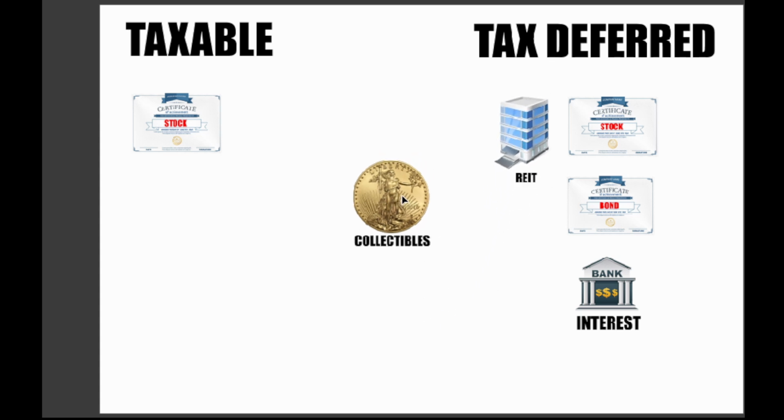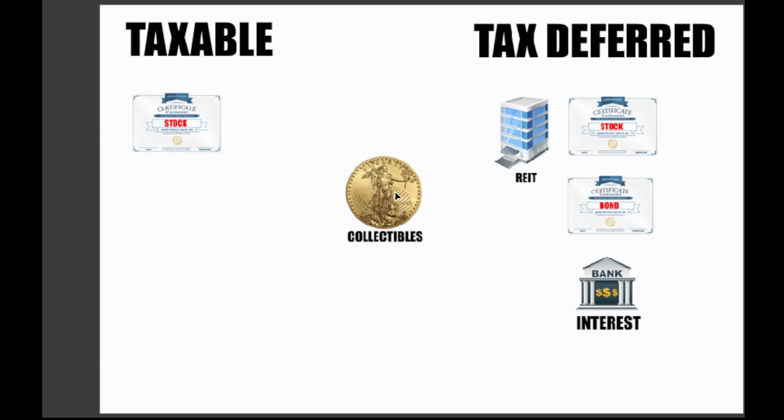And one last thing, collectibles, which could be art or whatever, but for most people, it is precious metals, gold and silver, that kind of thing, whether it's coins or bars, silver or gold or platinum or whatever. Those are considered collectibles.